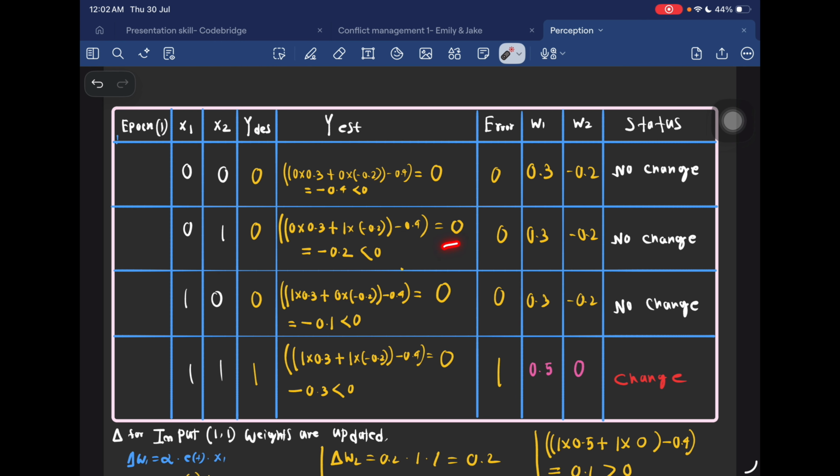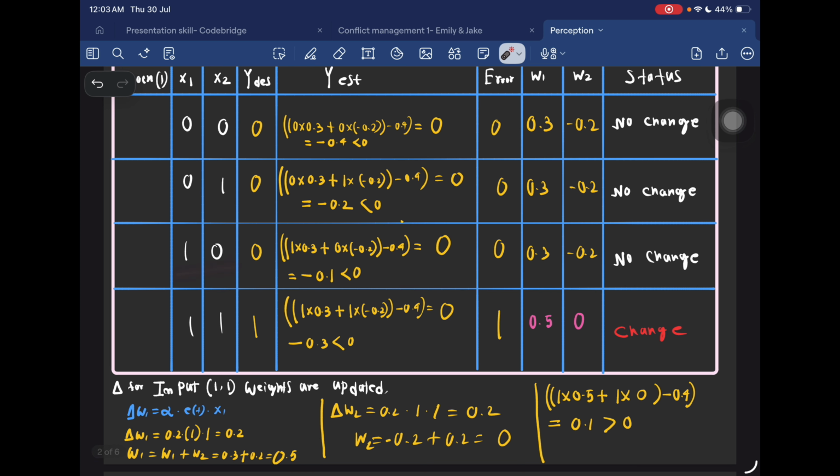So we accept it as 0. Then we subtract y desired minus y estimate, so our value becomes 0 minus 0, basically 0. So we make no change to our weights, 0.3 and minus 0.2.